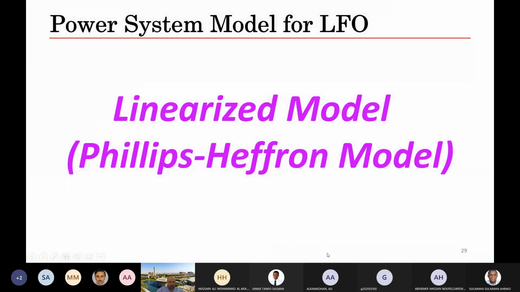Now we found all the initial conditions. Let us now develop the linearized model. So let us linearize all these nonlinear equations. We have a fourth order model, 3 equations for the machine and 1 for the exciter.